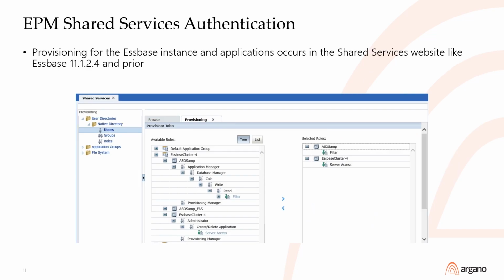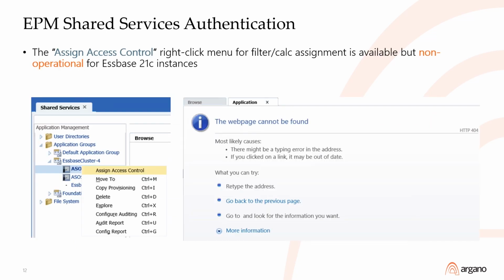To provision users or groups in EPM Shared Services Authentication mode, you log into the EPM Workspace website, which is independent of Essbase. The Essbase instance name of Essbase cluster followed by a number is automatically sequentially assigned during Essbase 21c configuration. As I pointed out previously, filter and calc assignment functionality isn't available for Essbase 21c instances in the EPM Workspace website.